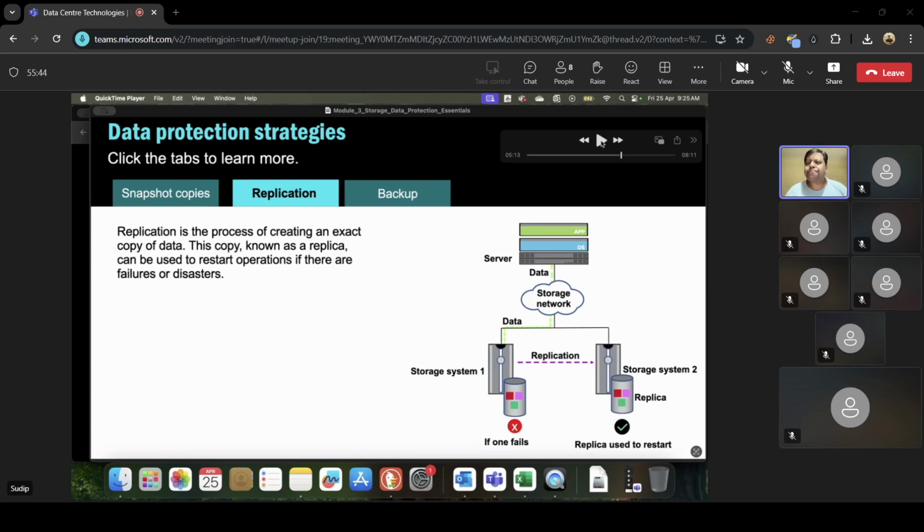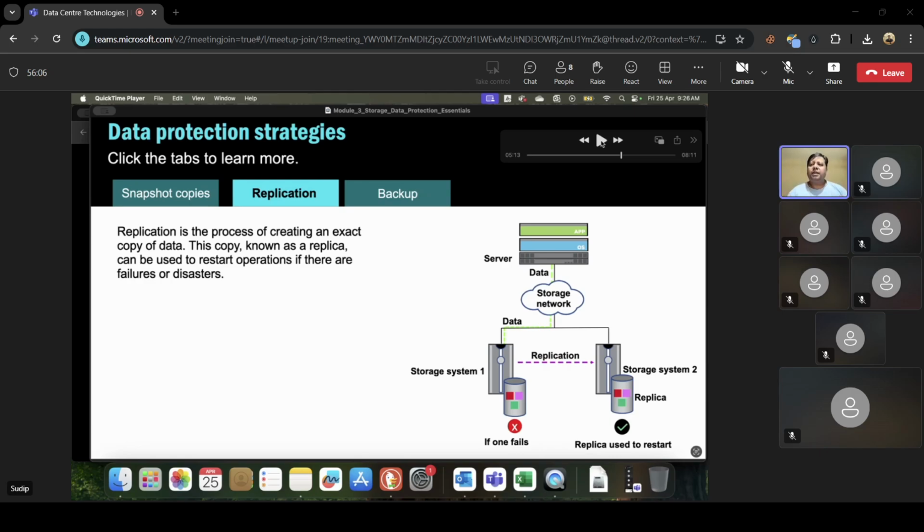But when you're talking about storage-to-storage replication, whatever write happens on storage 1, the same write will happen on storage 2, and hence you're protecting all your data. That kind of replication happens only between storages of the same manufacturer, not across manufacturers.